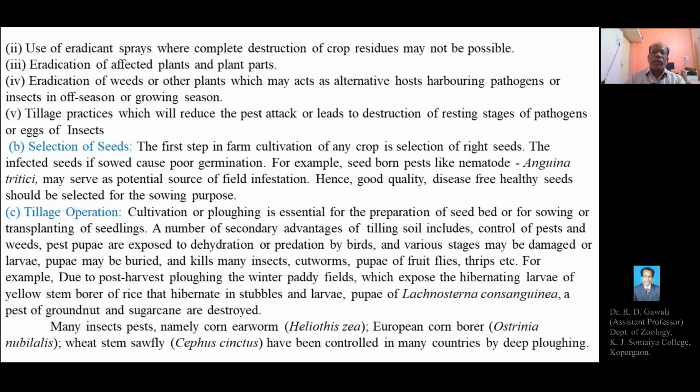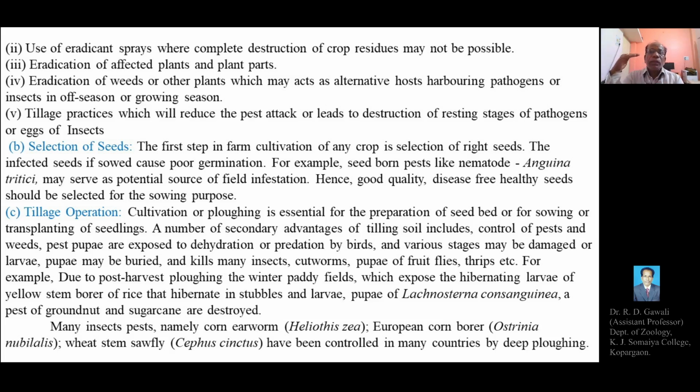Pest pupae are exposed to the surface for dehydration or predation by the birds, and various stages may be damaged, or larvae and pupae may be buried, which kills many insects, cutworms, pupae of fruit flies, thrips, etc. So there are many types of insect pests and their stages, that is eggs, pupae, larvae, in a dormant form, which can be present in the field after harvesting.